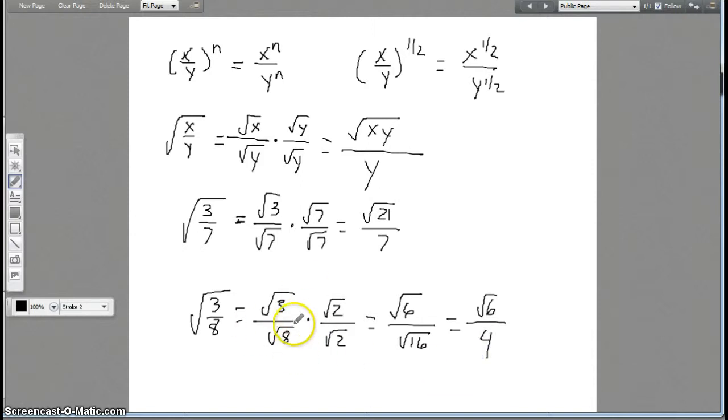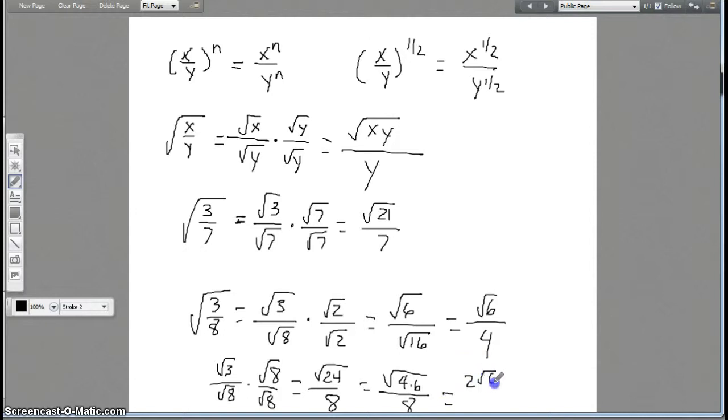Now you could, of course, actually do square root 8 there, and in that case we would have square root 3 over square root 8 times square root 8 over square root 8, and then we get square root 24 over 8, but 24 has a square factor. So we could rewrite 24 as 4 times 6 over 8. We can pull the 4 out.